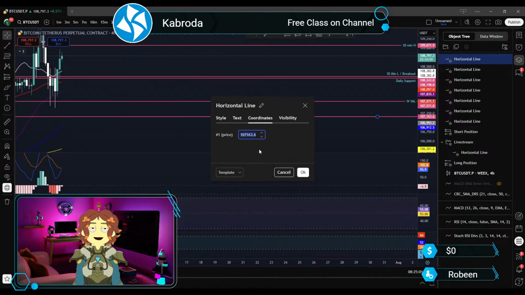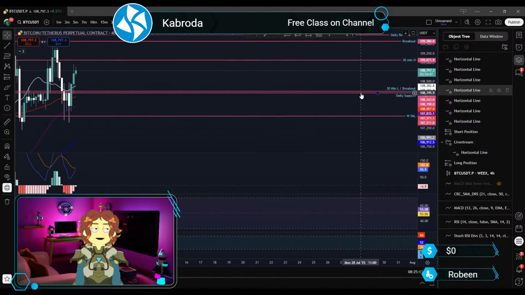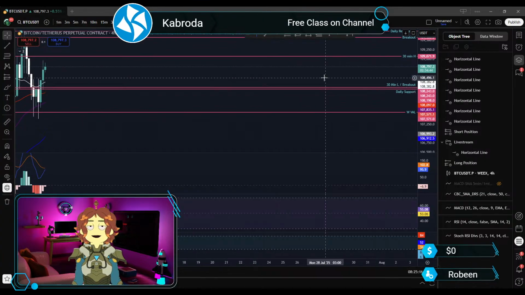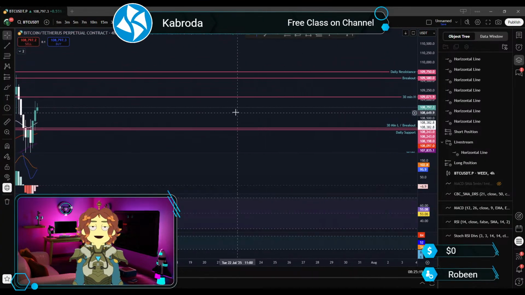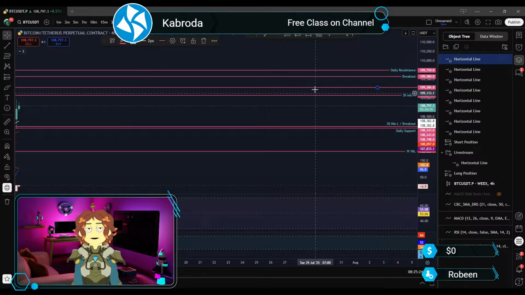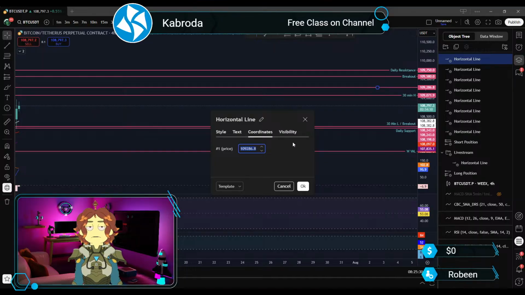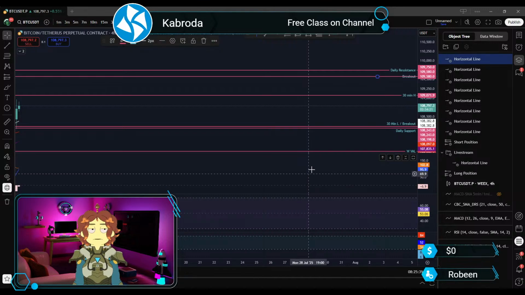That's at 108,243. And that's right on top of one of those lines again, so we'll just leave that one. And then the weekly VAH is going to be at 109,580. And that's right in another line, so we'll just delete that one.